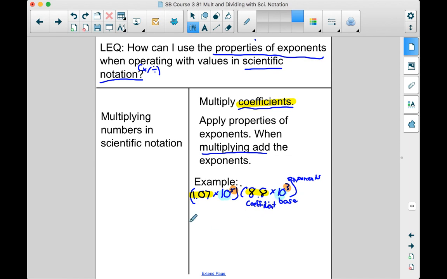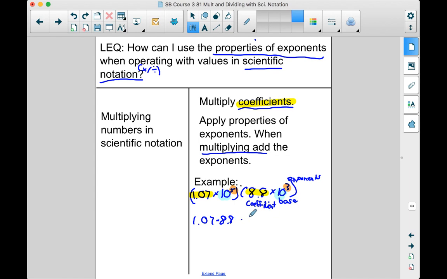All right, so now you take this and we multiply our coefficients. Because everything is multiplication, we can go ahead and we can change the order according to the associative and commutative properties. So I can do my one coefficient times my other coefficient.